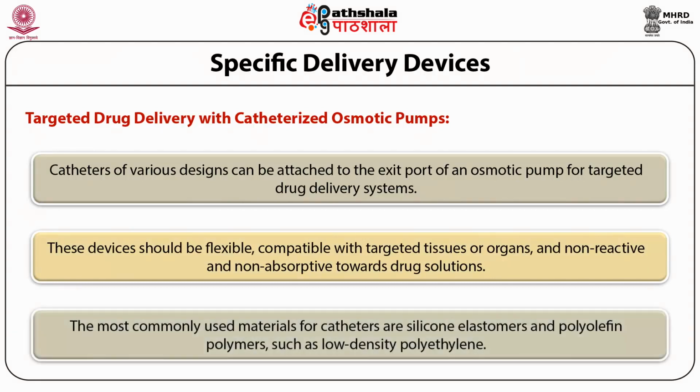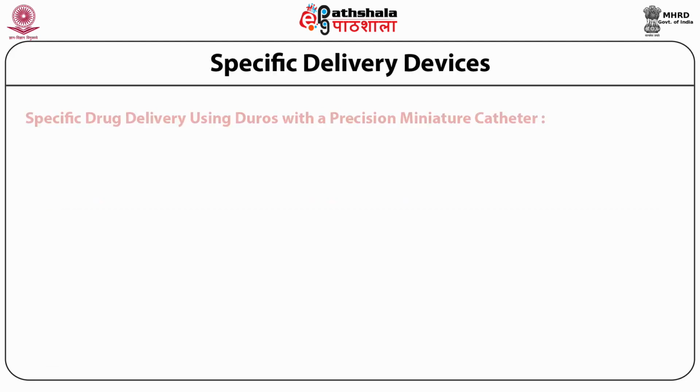The most commonly used materials for such catheters are silicone elastomers and polyolefin polymers such as low density polyethylene. So this is under the specific drug delivery using Doros with a precision miniature catheter system.